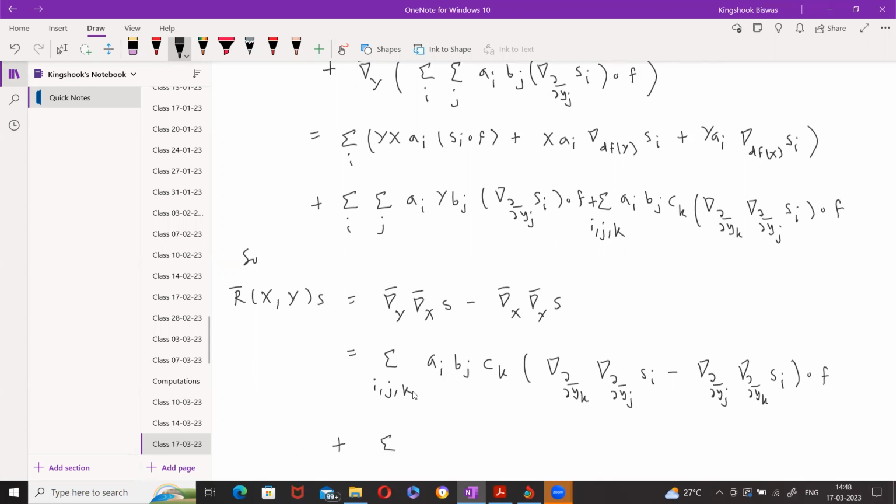So I'll have a sum over ij ai ybj nabla del del yj si composed with f, minus sum over ik ai x ck nabla del del yk si composed with f.